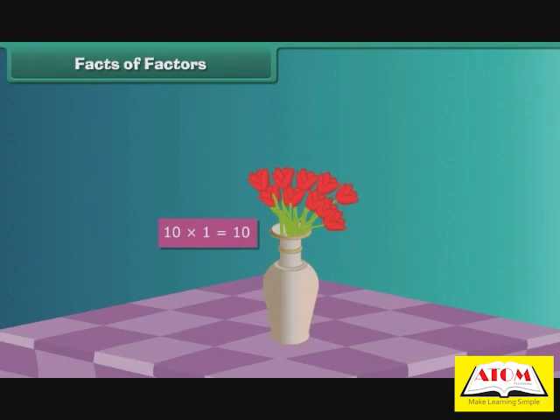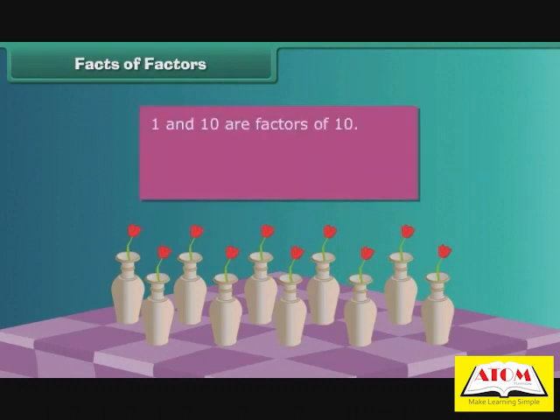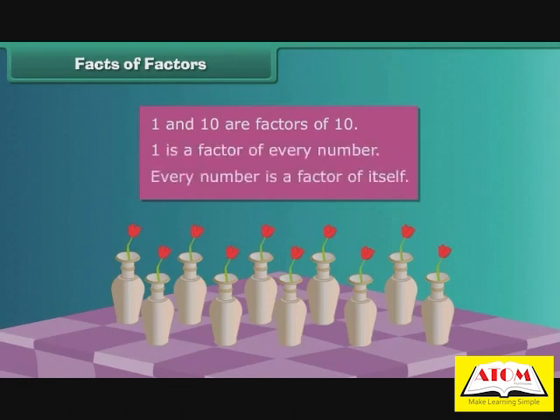Prerna's mother tries out a different arrangement. She places the roses one each in 10 vases. We can express this arrangement as 1 multiplied by 10 is equal to 10. 1 and 10 are factors of 10. 1 is a factor of every number. Every number is a factor of itself.